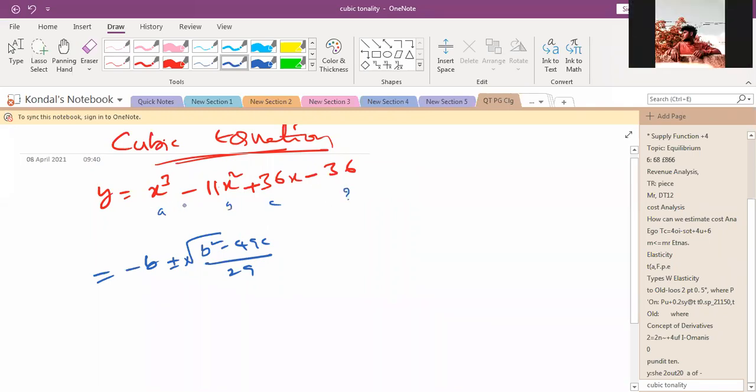So we should consider this kind of equation, or we can convert the cubic equation into a quadratic equation. Here this is a cubic equation, so to apply this formula we need to convert the cubic equation to the quadratic equation.